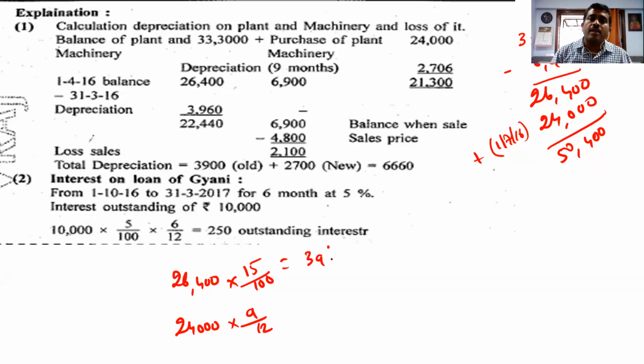It comes to 3,960. Here 24,000 into 9 months: first calculate 15 percent, 3,600 will come, into 9 divided by 12. It's 2,700. So add this one.